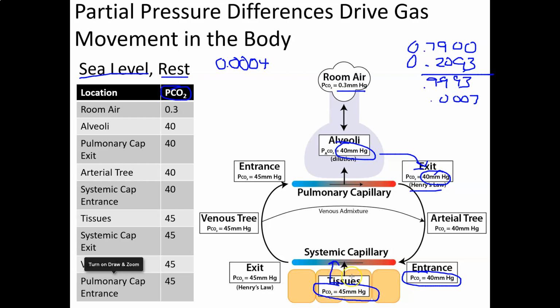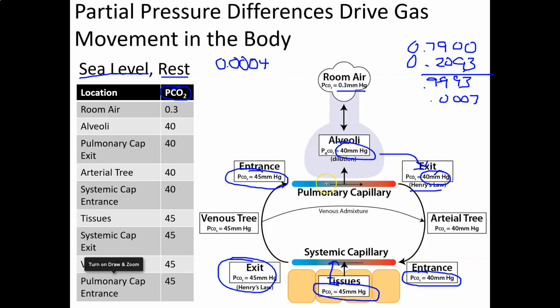And it's going to keep on doing that until it reaches 45, because the partial pressure of a liquid, the blood, will equilibrate to that of the gas that surrounds it. That's considered to be the tissues. So it'll exit at 45 because of Henry's law. As it travels through the venous tree and then the entrance back to the pulmonary capillary, it's still going to be 45.